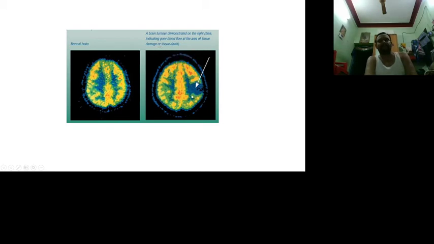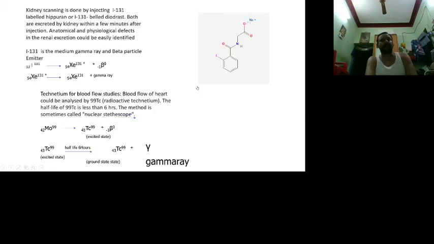If it is a brain tumor, there is obstruction of the blood flow, which is reflected in the image of the PET scan labeled with the F18 nucleus. A kidney scan can be done by injecting iodine 131 labeled in heparin or diodrast; both are simply compounds.